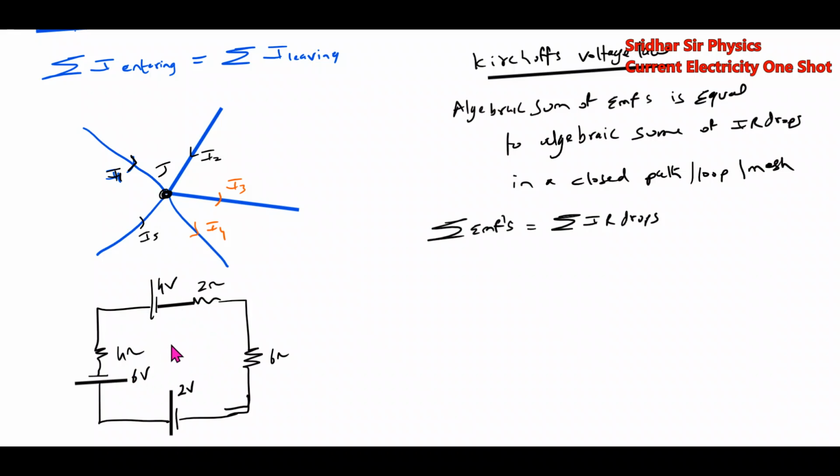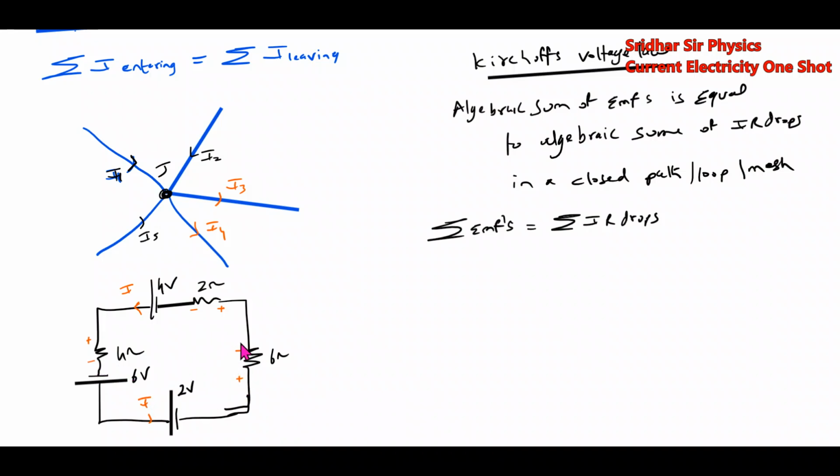Then, what about the current flowing in the circuit? How do we find that? We'll assume the current flows in this direction. According to convention, where current enters is positive and where it leaves is negative across the resistor, because current flows from higher to lower potential. So based on that, we mark the polarity.